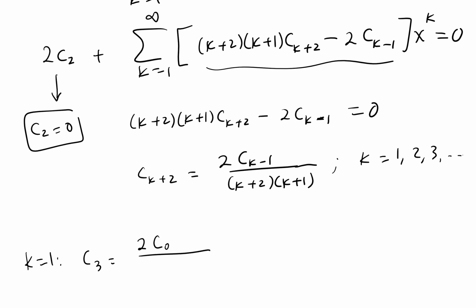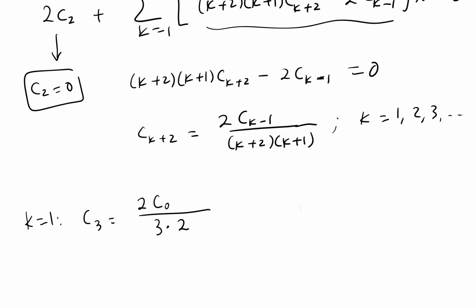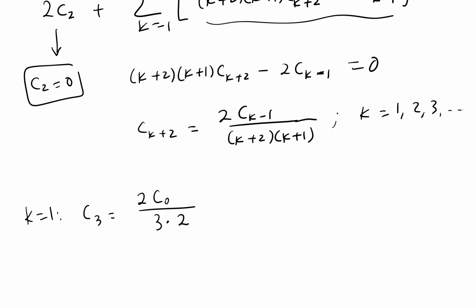3 times 2. Take k equals 2. What do we get? c4 equals 2 c1 over 4 times 3.